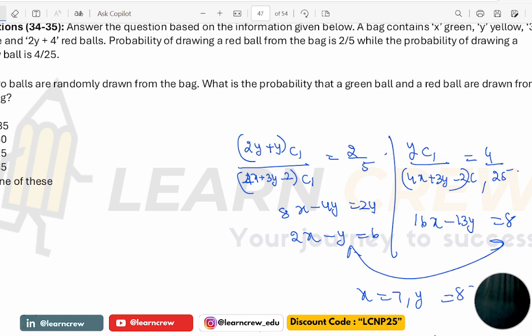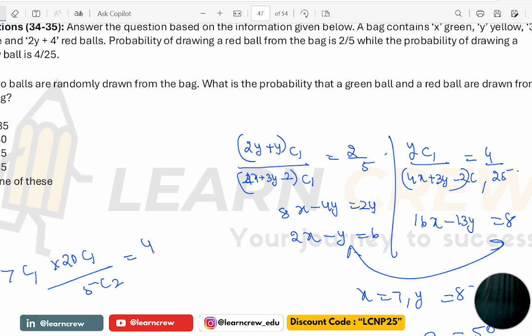Thereby, the total number of balls will be 4 into 7 plus 3 into 8 minus 2, which will be 50. The bag contains 7 green, 8 yellow, and 15 blue balls. So the probability of a green ball and a red ball is 7C1 into 20C1 by 50C2. How much are you going to get?